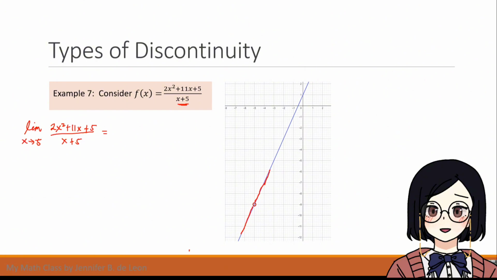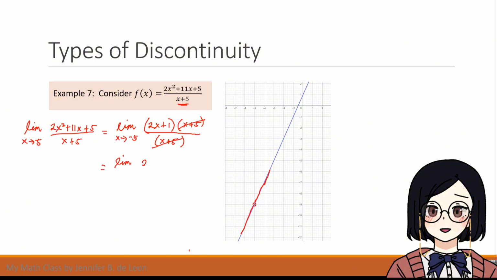The numerator 2x squared plus 11x plus 5 can be factored as 2x plus 1 times x plus 5. As you can see, we can cancel the denominator x plus 5.